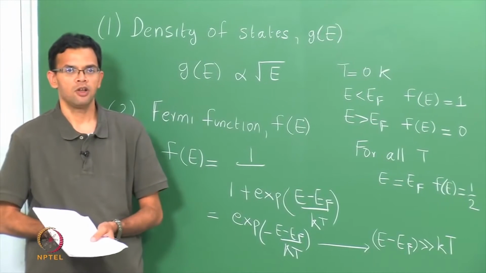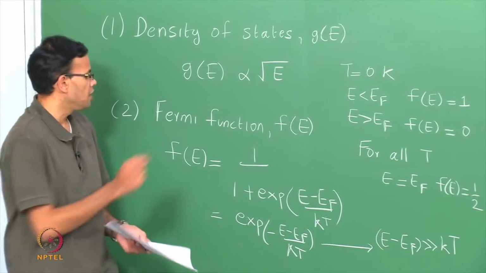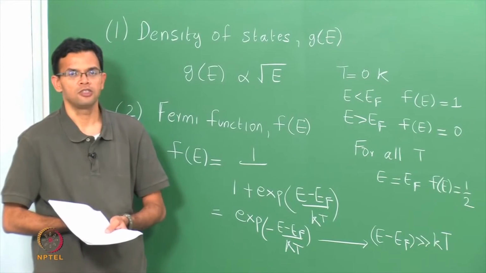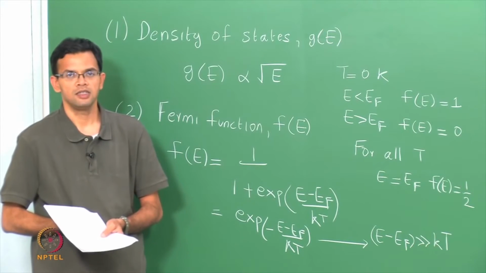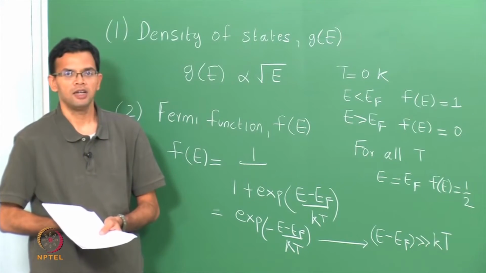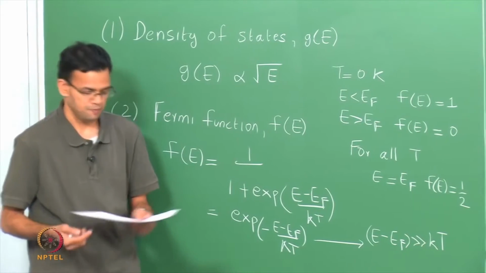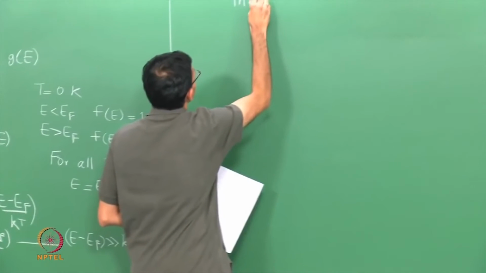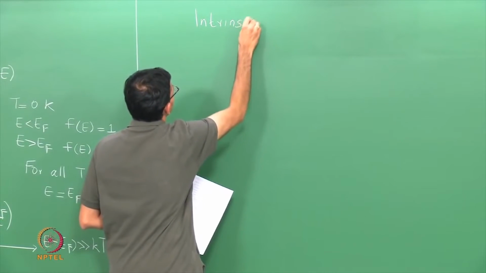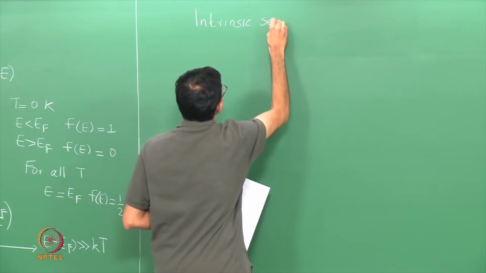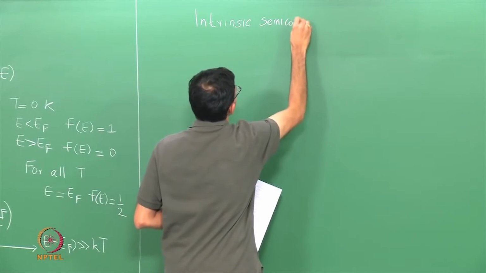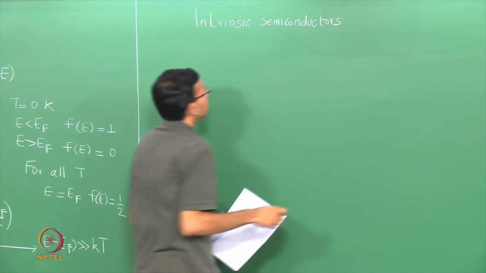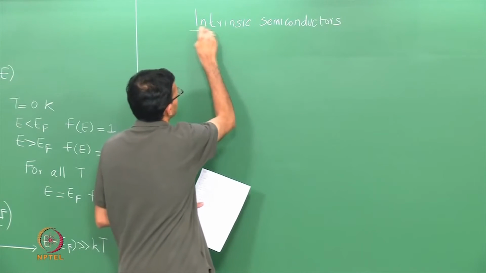We will use these concepts of density of states and Fermi function in order to calculate the electron hole concentration in semiconductors, and first we will start with intrinsic semiconductors.